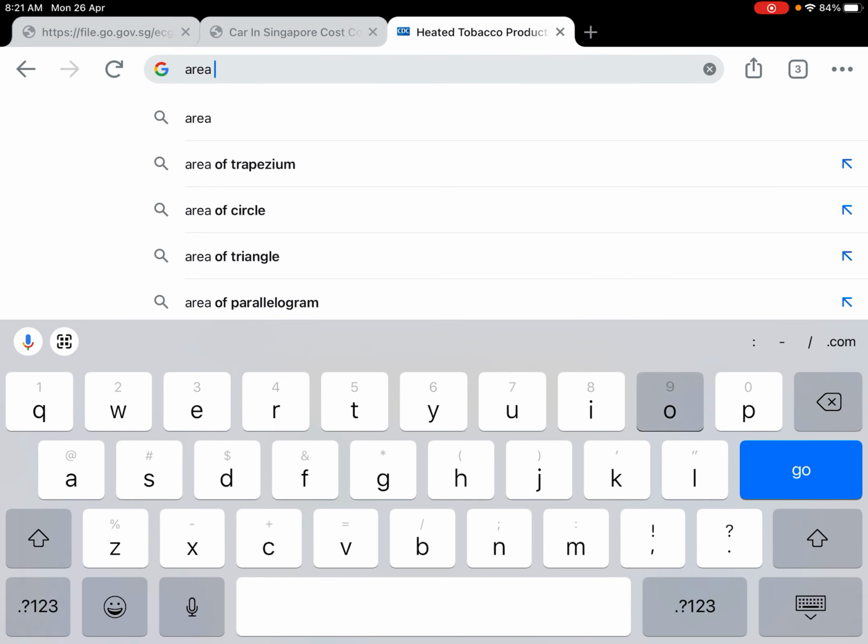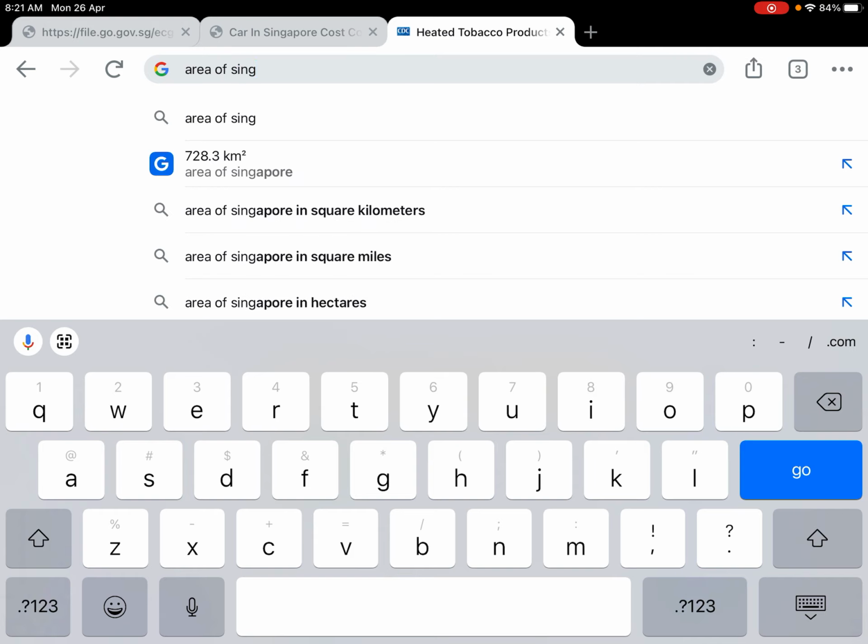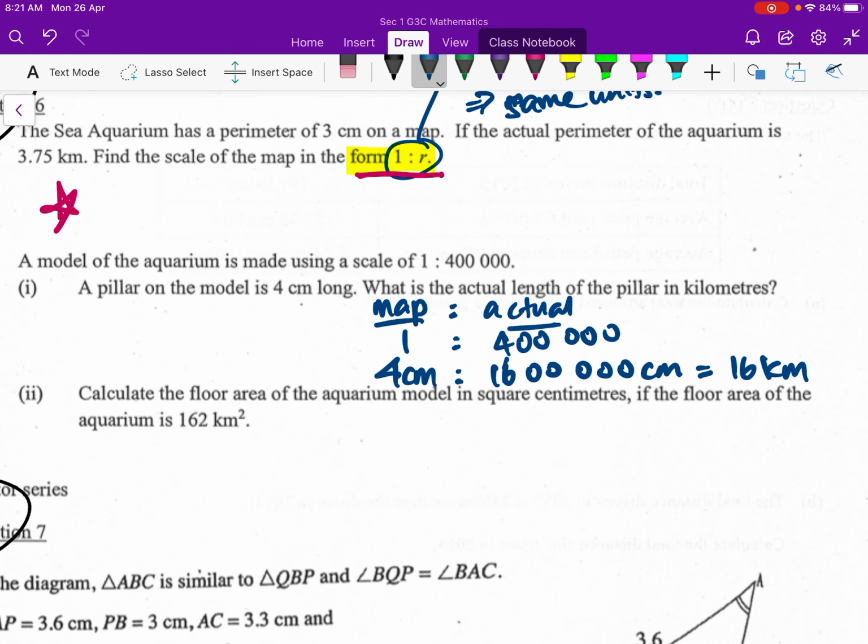Area of Singapore, 728 square kilometers. So this is about 1/3 the size of Singapore. Wow. How much water is there, man?